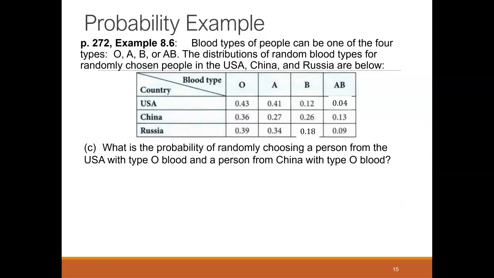Okay. What is the probability of a randomly chosen person from the US with blood type O and a person from China with blood type O? So what is the probability of randomly choosing a person from the US with blood type O and then a person from China with blood type O?